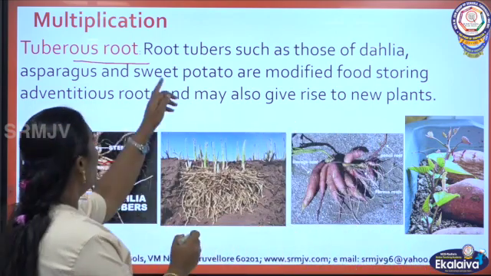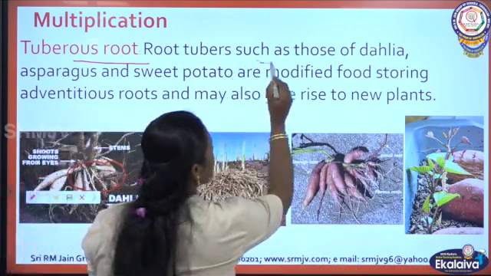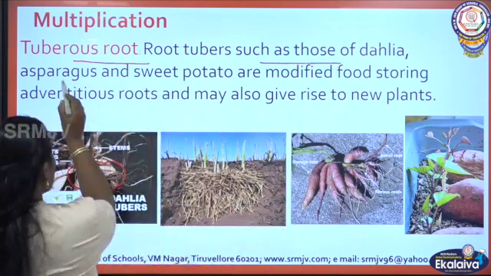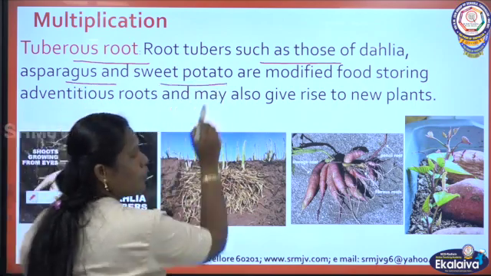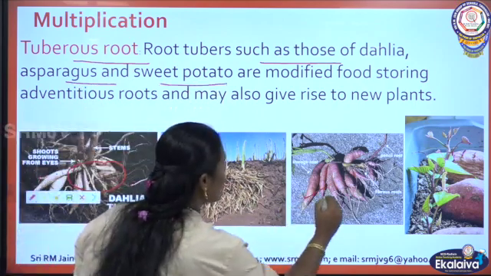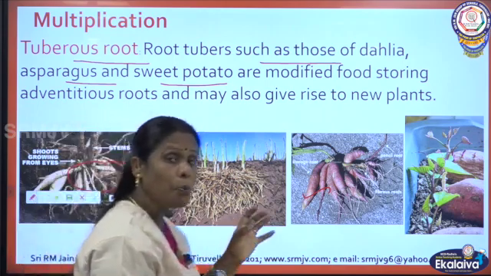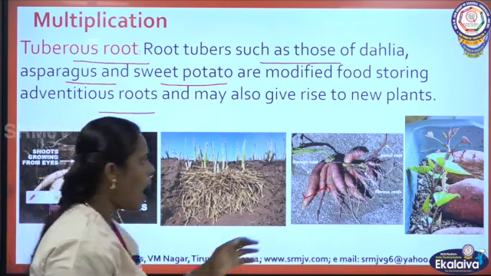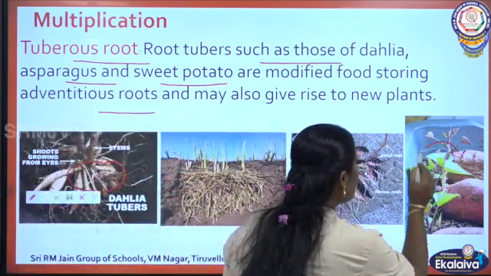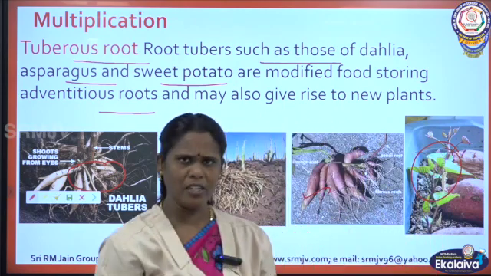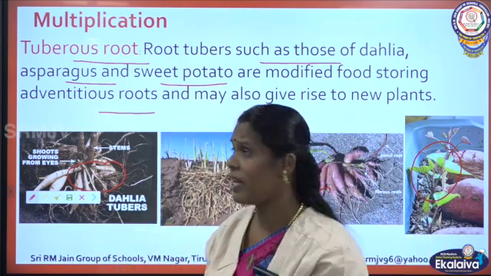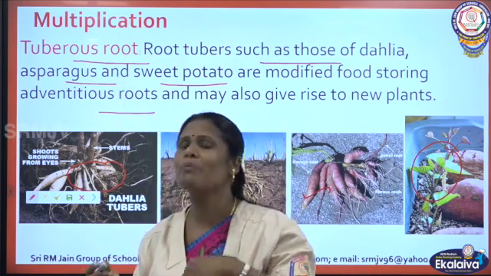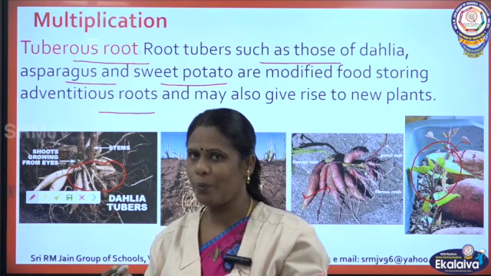Here, root tubers such as those of dahlia, asparagus, and sweet potato, okay, this is a sweet potato, are modified food-storing adventitious roots and may also give rise to a new plant. So, what modification takes place here? In tuberous root, it stores the food and produces the new plant, right?